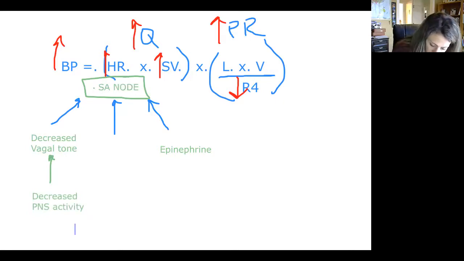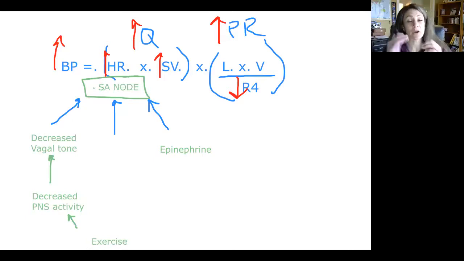As a response to exercise. So you start exercising, that causes the parasympathetic system to withdraw, starts to decrease the parasympathetic activity, which is going to decrease your vagal tone. That's going to act on the SA node and cause an increase in heart rate. That increase in heart rate will cause an increase in cardiac output, will cause an increase in blood pressure.